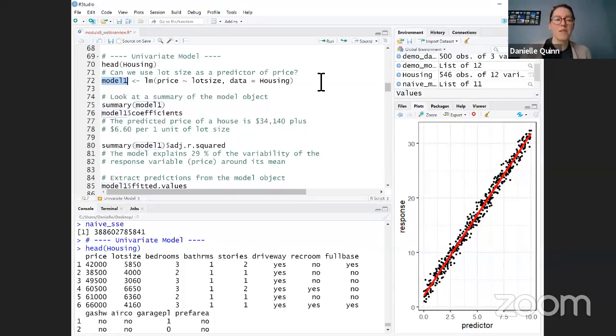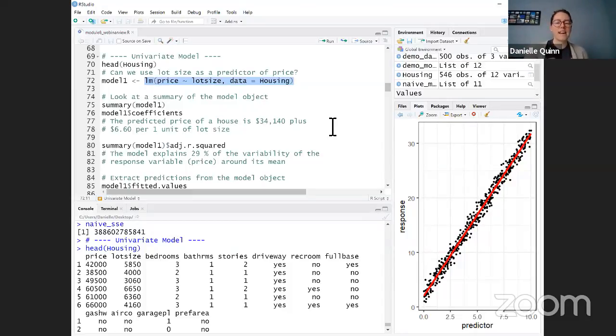Other people want to include that information in the name, like linear model based on lot size. That works really well when you have simple models, but as you make them more complicated, it becomes a lot harder to come up with standardized names. So I tend to do Model 1, but it's up to you.